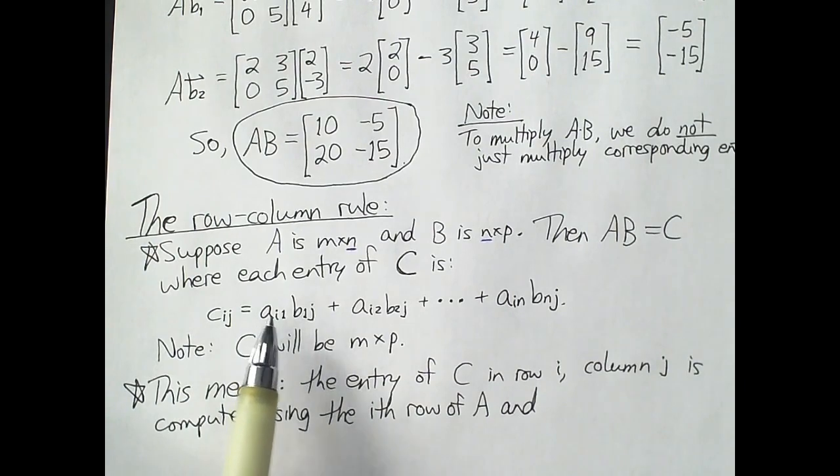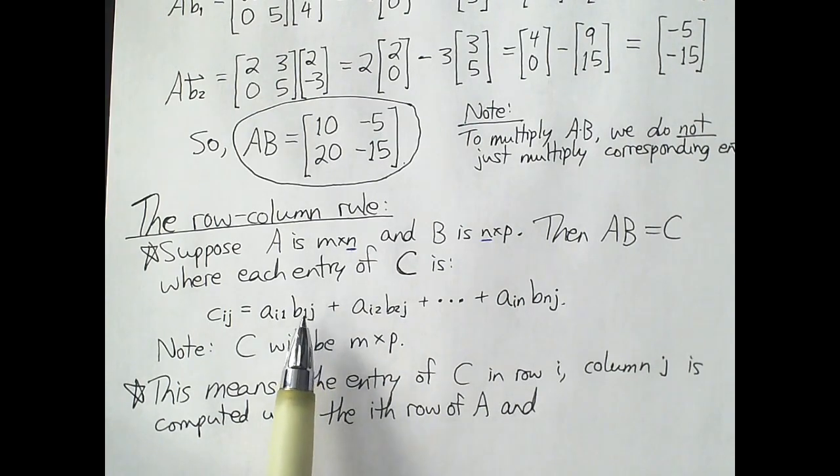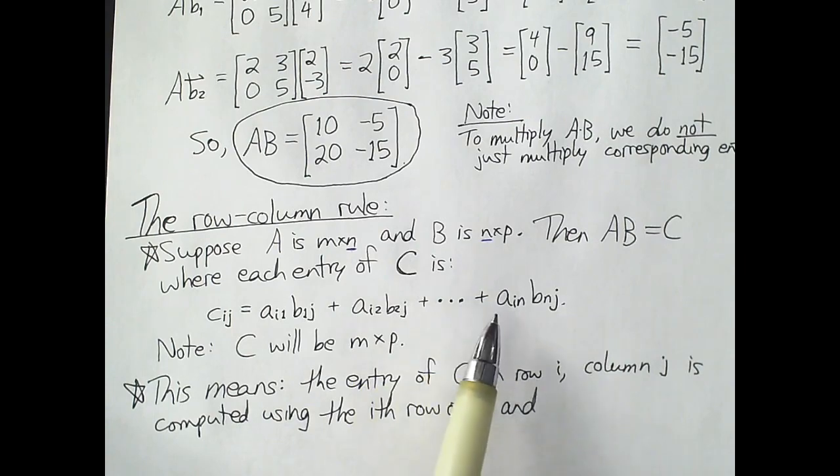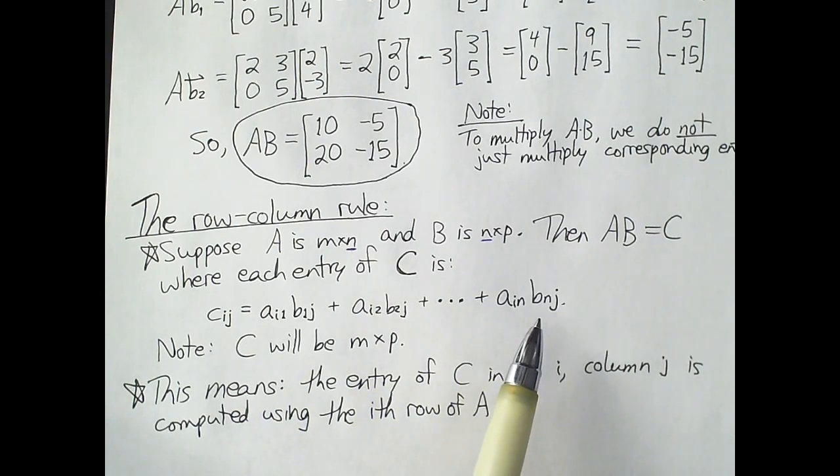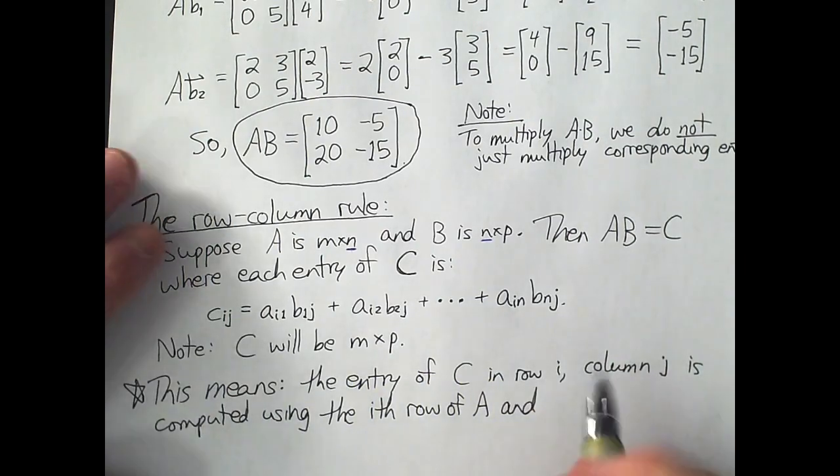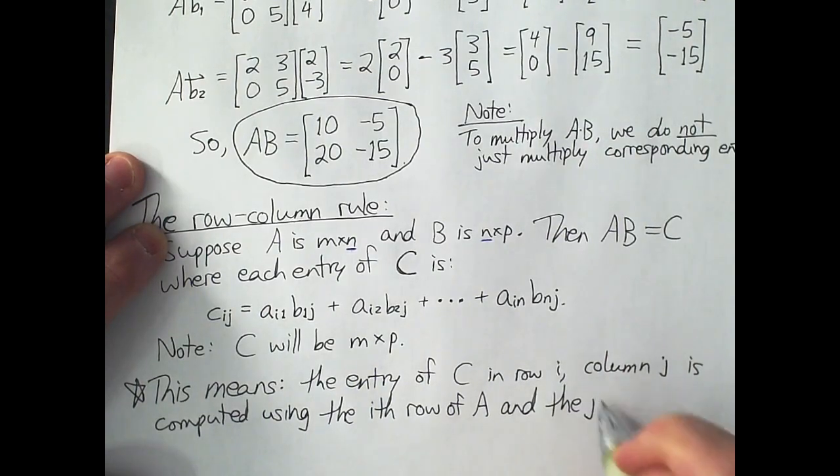It's A_i1, A_i2, A_i3, etc. What entries of B did we use? We used B_1j, B_2j, B_3j, B_4j. That is the jth column of B.